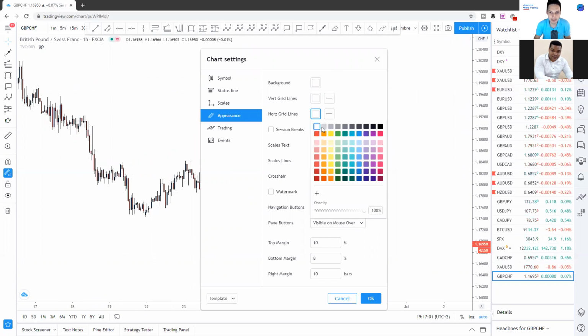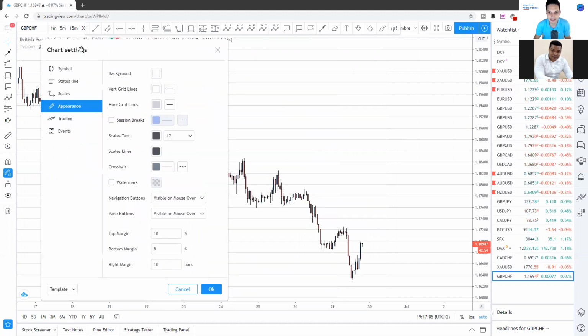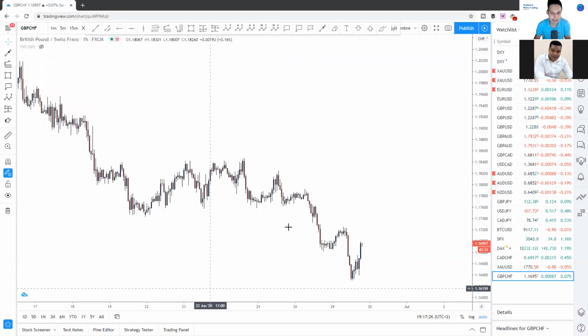Maybe horizontal lines we can keep, but as you see, it's a lot of levels, and we don't really know which one is going to count, which one is the critical level. It's like placing support or resistance everywhere, and this is quite a mess. It's better to have it clean.